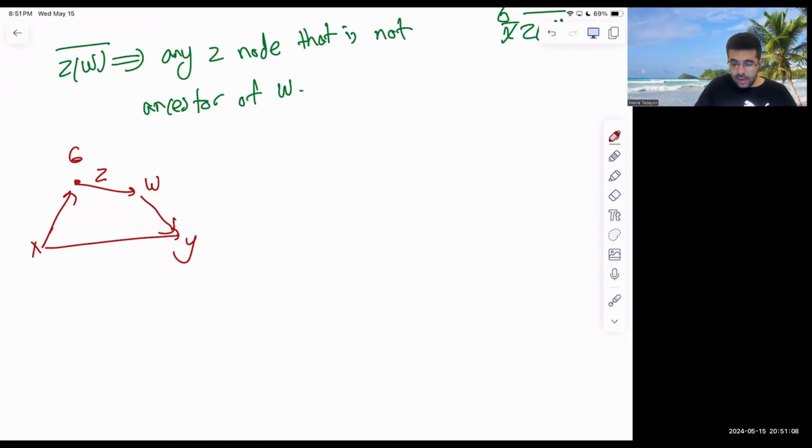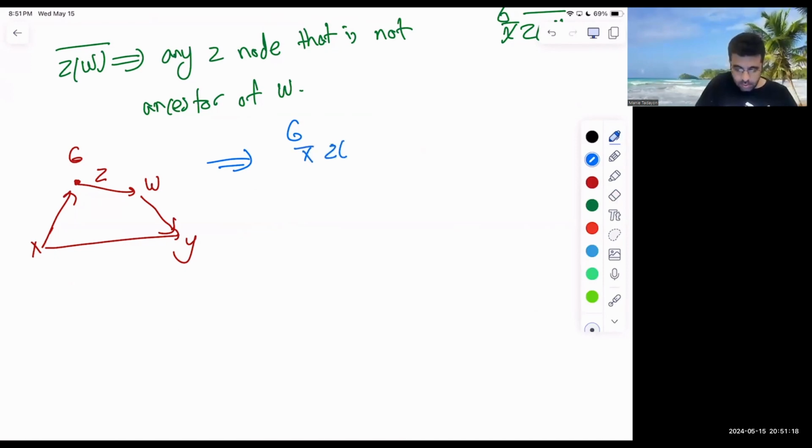So let's see what's going to happen to this modified graph here and how to construct it. Step number 1. Go ahead and get G X bar. First, construct this graph. What's going to happen to this? Go ahead and remove any arrow that's going to the X. Do we have any arrow going to the X? We don't. That's step number 1.